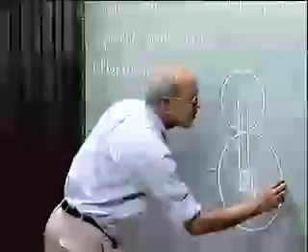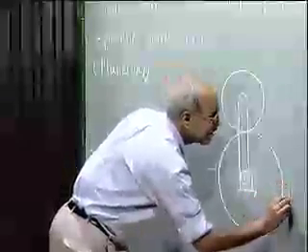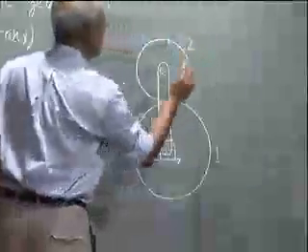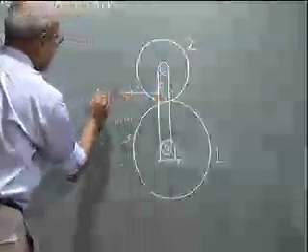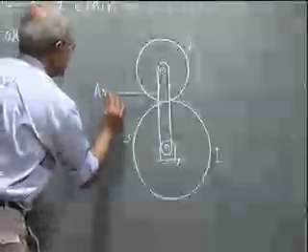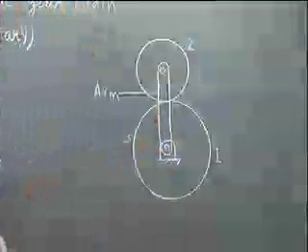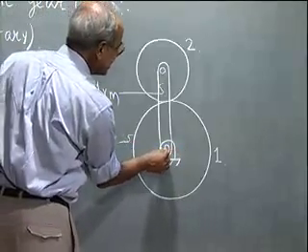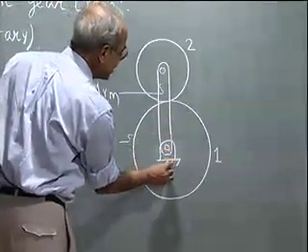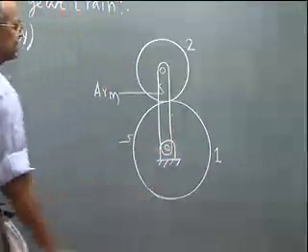This gear, let me call it 1 and this gear number 2. But gear number 2 is carried by this arm which is also hinged here. The axis of the gear 1 and this arm both are hinged to the fixed link at this junction.